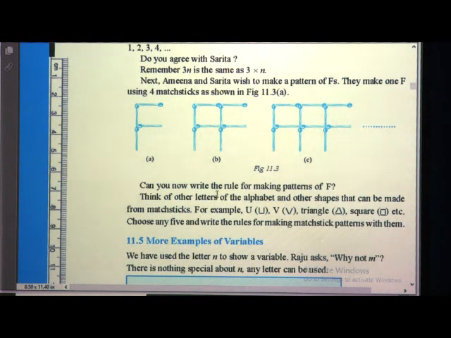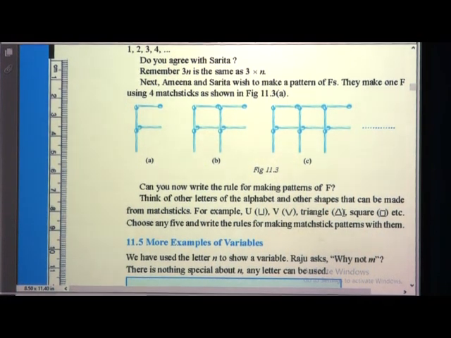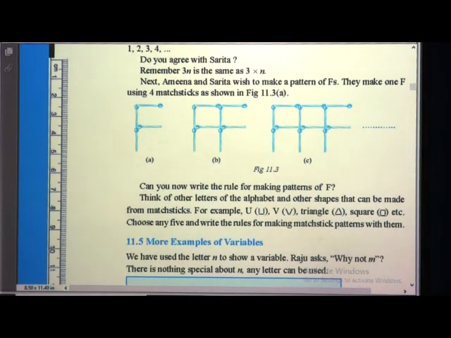So 4n is the pattern we use to find the number of matchsticks required to form the alphabet F.